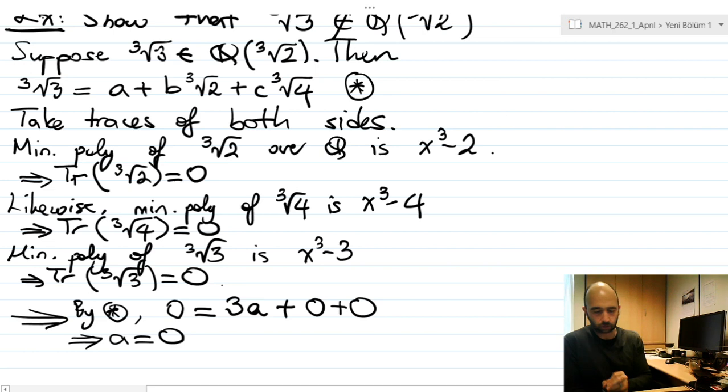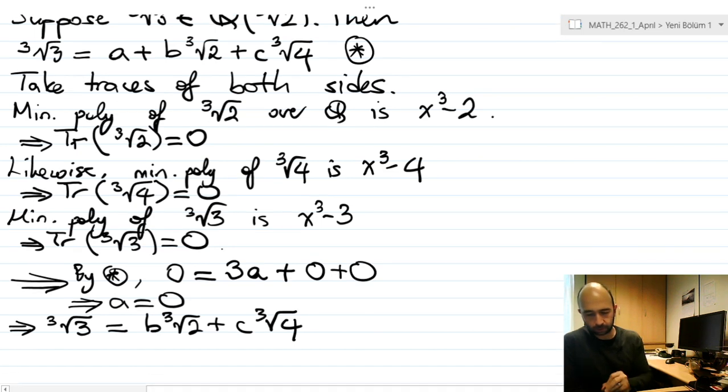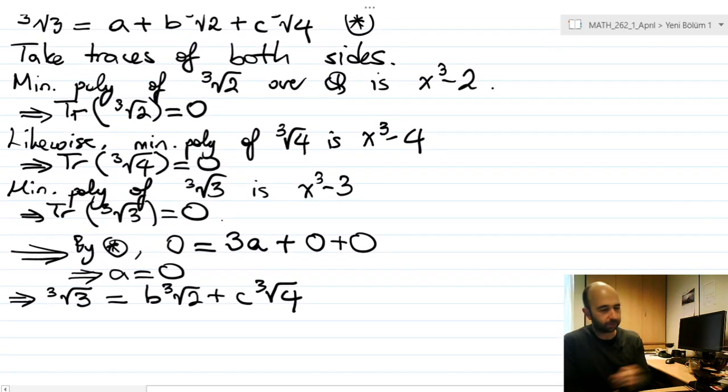Okay, so you simplified your relation a little bit. So let's continue. Now you could play the same game, but now maybe after multiplying both sides by something like cube root 2.